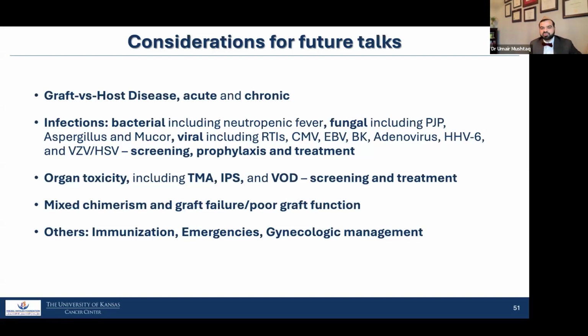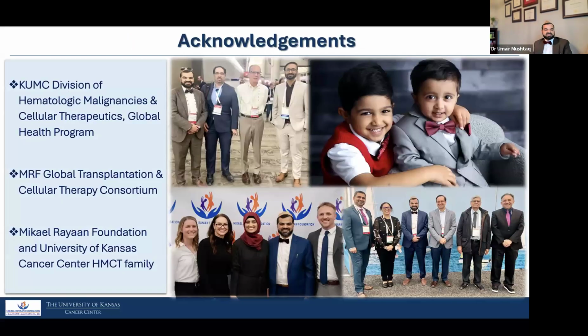What I talked about mostly was setting up the program, setting up monitoring and evaluation parameters, and then training. Organ toxicity, we should talk about chimerism, graft function, immunizations, emergencies, the gynae part. Some of those things we should talk about individually in future lectures.